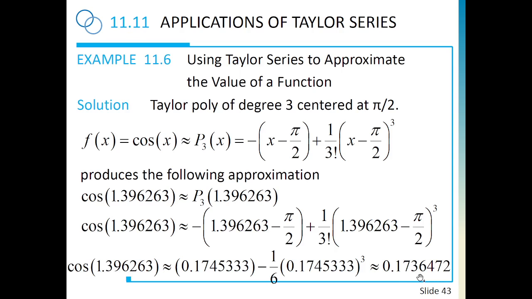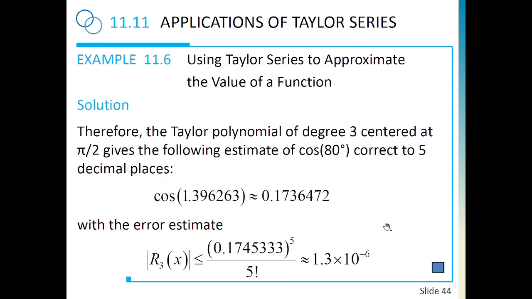Now we computed the error and we figured out that it is correct to 5 decimal places because the error was smaller than 1.3 times 10 to the power minus 6. This was important just to verify that our approximation satisfies the requirements from the question.